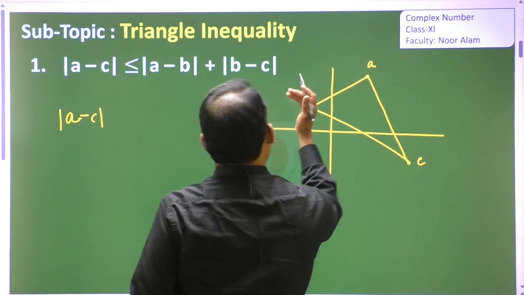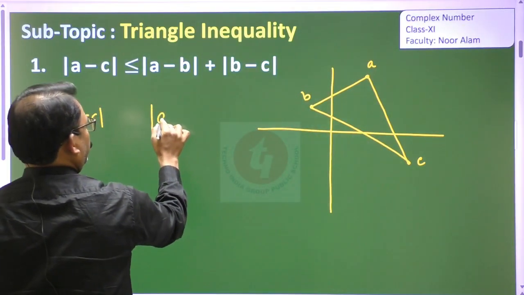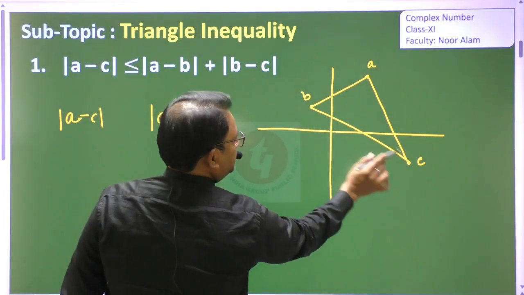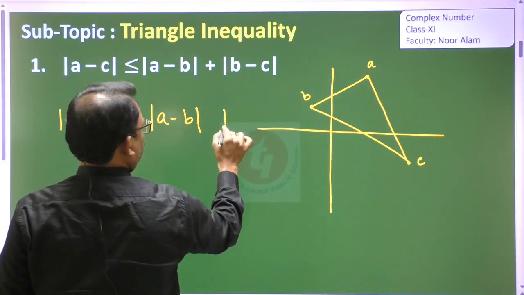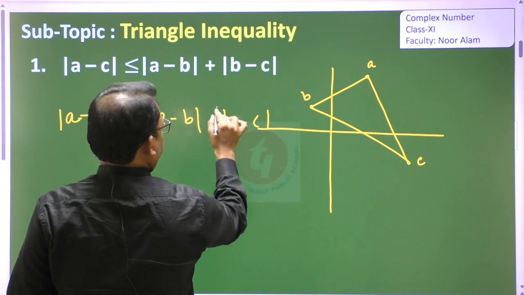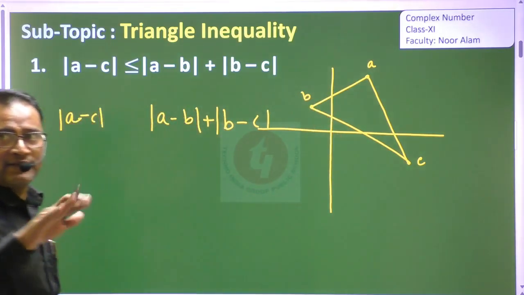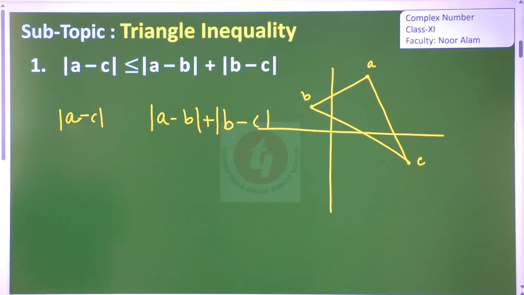The distance from A to B is mod of A minus B, and the distance from B to C is mod of B minus C. Now in a triangle, the sum of two sides is always greater than or equal to the third side.